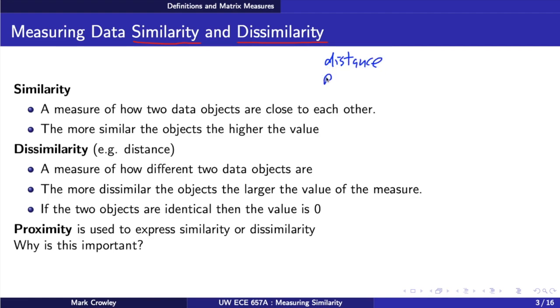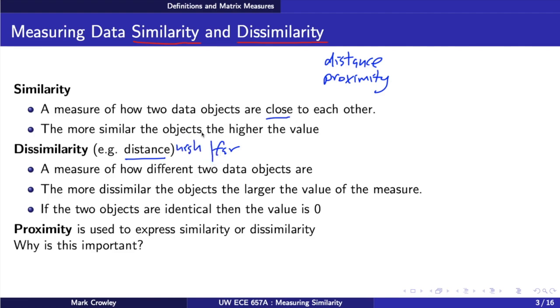You might say proximity. These are all words that will be used in the same way. Obviously, if 2 things are similar, then they are close to each other, and if they are dissimilar, then they are far from each other, or their distance is high.